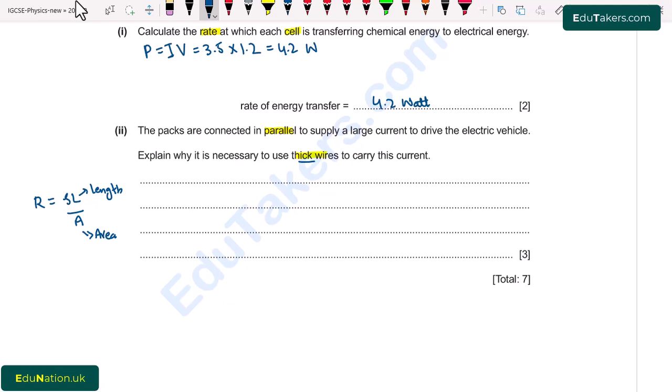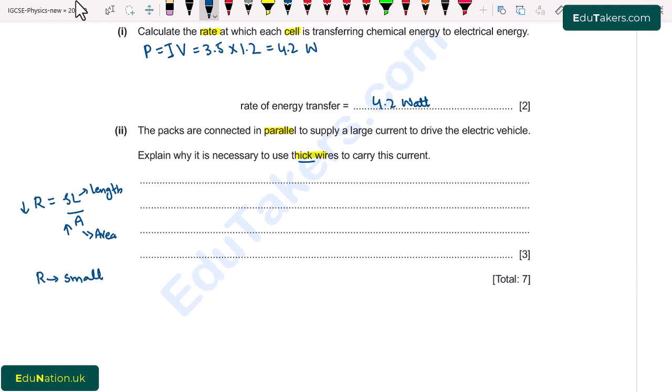The thick wire has smaller resistance because its cross-section area is larger. So when thickness is larger, its resistance will be smaller. It means that for the thick wire, the resistance is smaller. And for the resistance to be smaller, it carries the large amount of current.